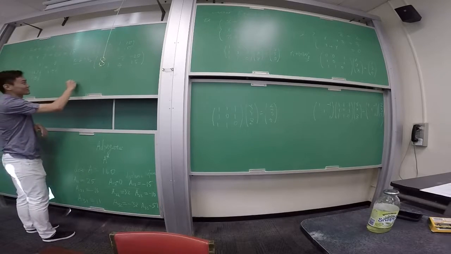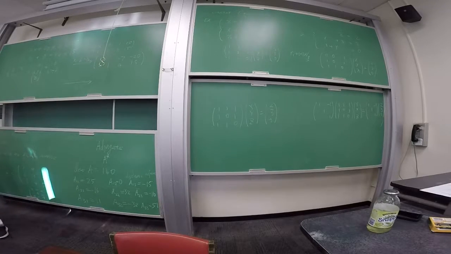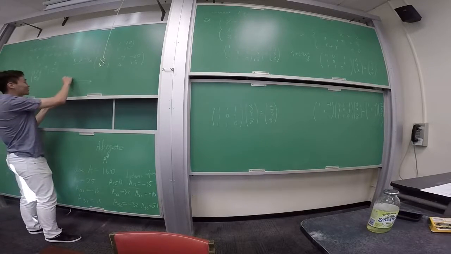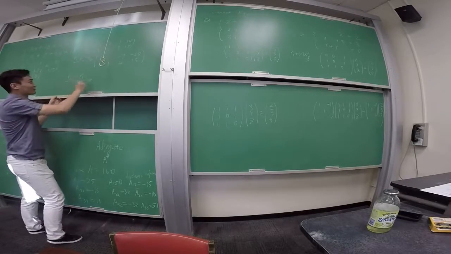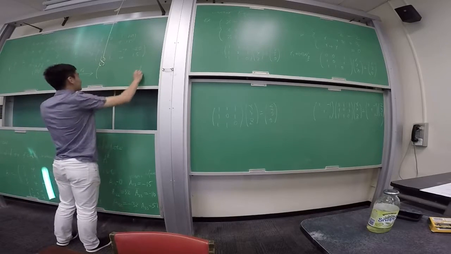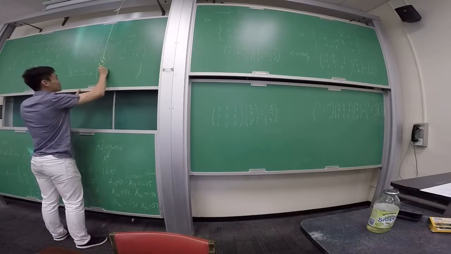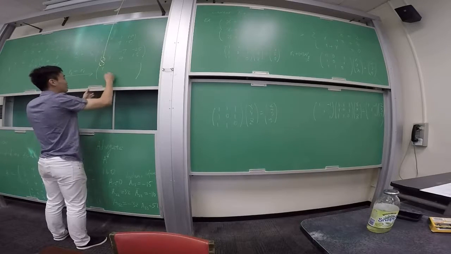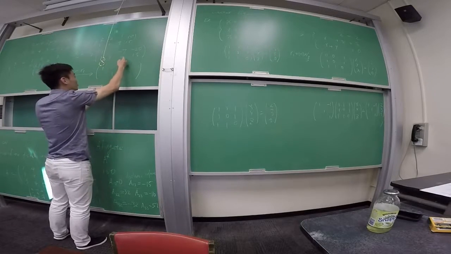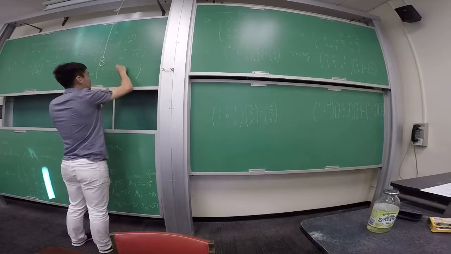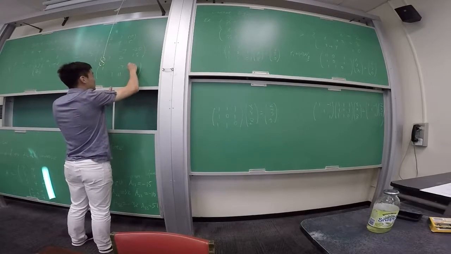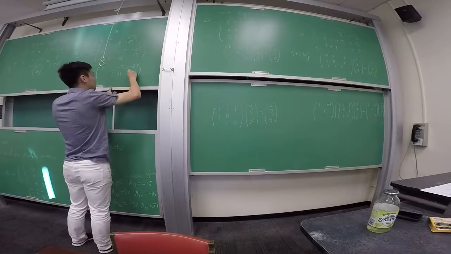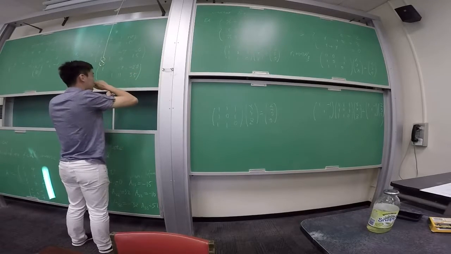What do you want to do next? R2 minus R1. Okay, R2 minus R1, so this number is already killed. And R2 minus R1 gives 11, minus 7, minus 20, 35.